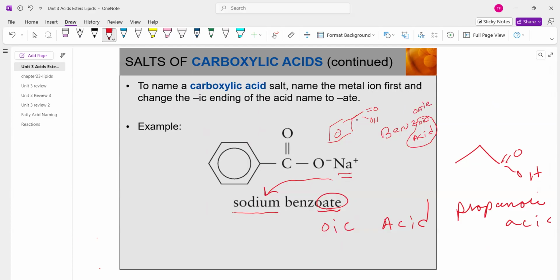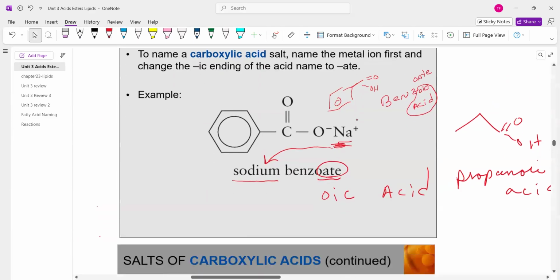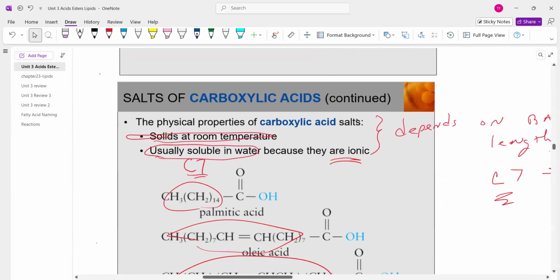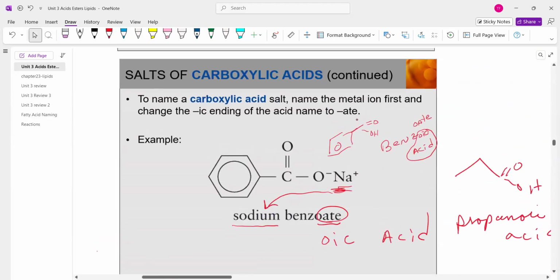In this case, the cation is sodium, so we've got sodium benzoate. Now we're going to run into two "ates" in here. One is from the acid salt, the other's from naming an ester.